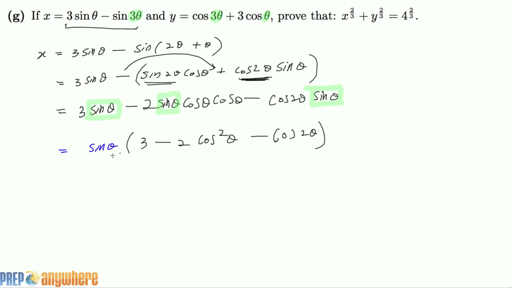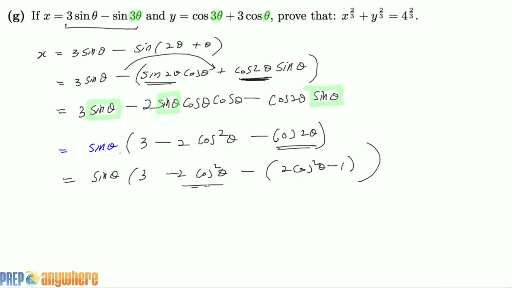Okay, so now for the cosine of 2 theta, I can pick the 2 cosine squared theta minus 1 choice because of the fact that there's a cosine squared here. Right? So if I pick this one, I have a chance to simplify this, right? So I get 3 minus 2 minus another 2 and a plus 1.